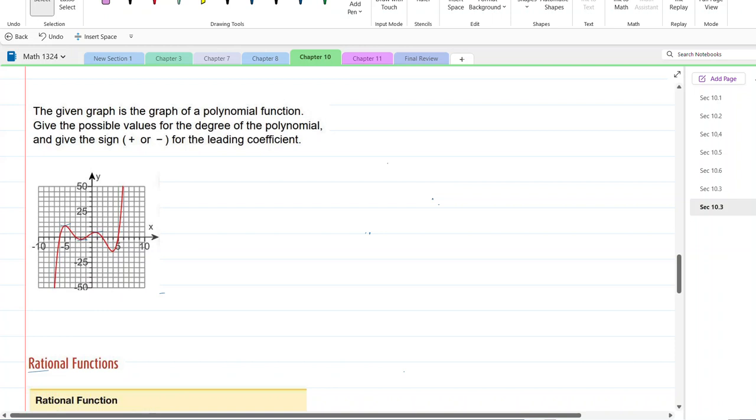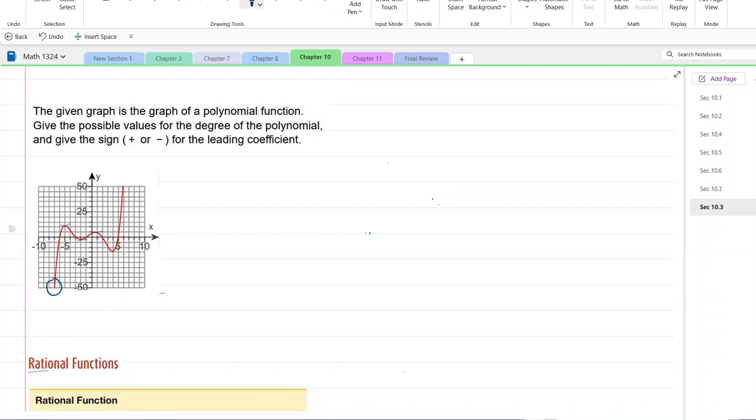So here we have an odd because it is negative infinity to positive infinity. So this guy is an odd polynomial. We're working a little bit better. We know that it has 1, 2, 3, 4 turning points.